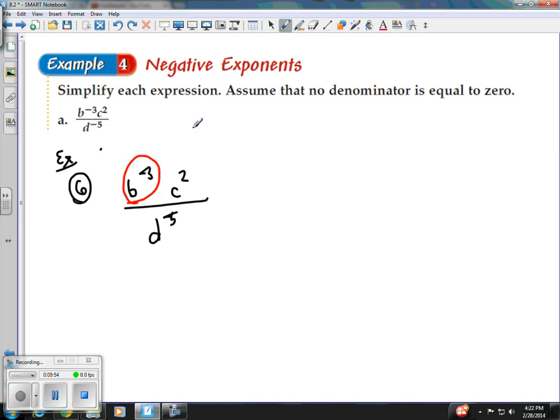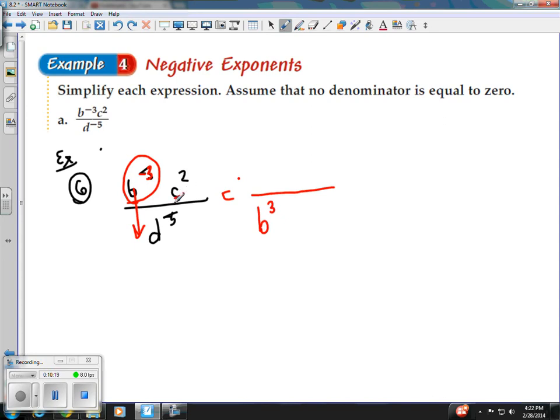We can't have a negative exponent. So if he's on the top part of the fraction, he doesn't want to be on the top. He wants to be on the bottom. What I like to do is make my fraction bar and show them as I move it. So b to the negative third doesn't want to be on top. He wants to be on the bottom, so it becomes b to the positive third.